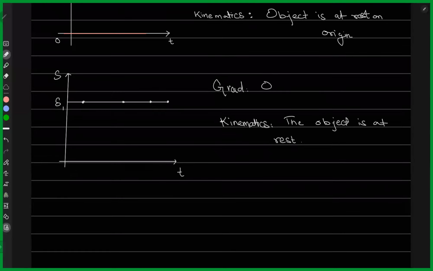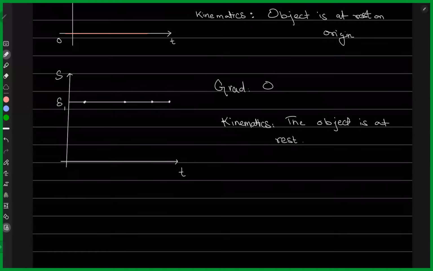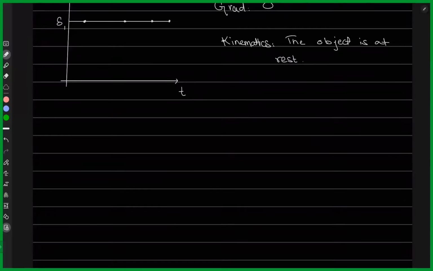In this one, it is still at rest, but it has covered some distance initially. So it's like this: this is a track, and this is 0 meters. A person starts from here, and then he jogs up until this point, let's say this is some S1. And now he just stands there.